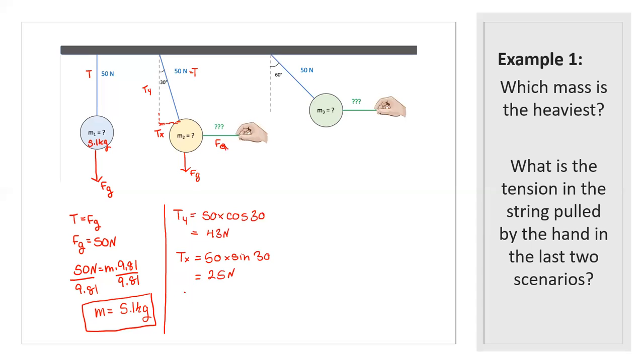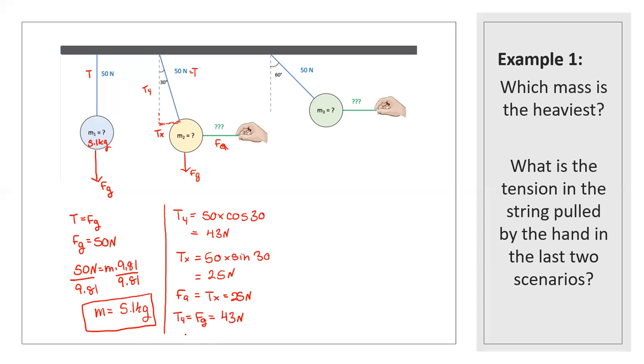So let's find out, first of all, I guess we can say that the tension from the hand, so the force applied by the hand, is equal to tension X, which is equal to 25 newtons. If we look at Ty, tension in the Y direction, I said Ty equals Tx, I meant Ty equals Fg, the force of gravity, which is equal to 43 newtons.